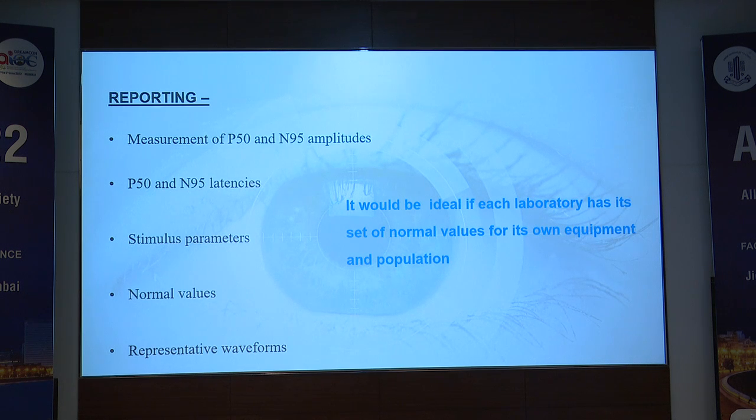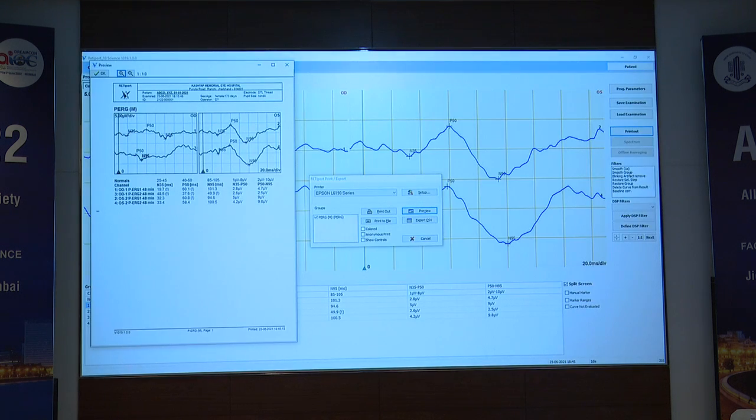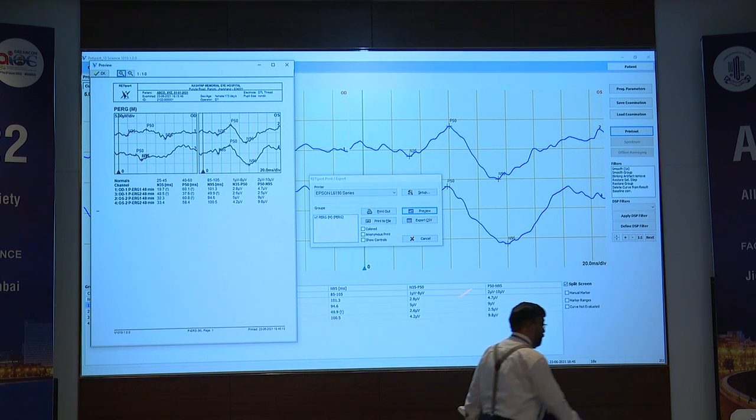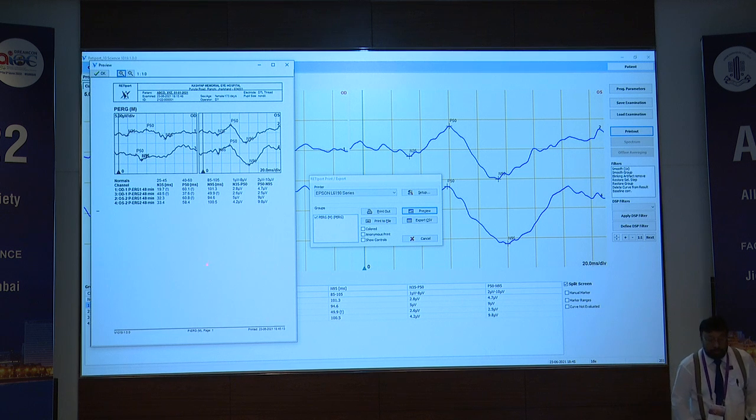So what all should the pattern ERG reporting contain? It should contain the measurement of amplitudes. Can I have the laser pointer? Yeah. So this is the normal printout of a pattern ERG. So what all should it contain?